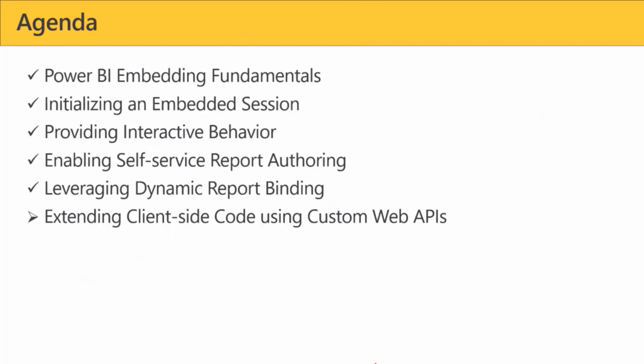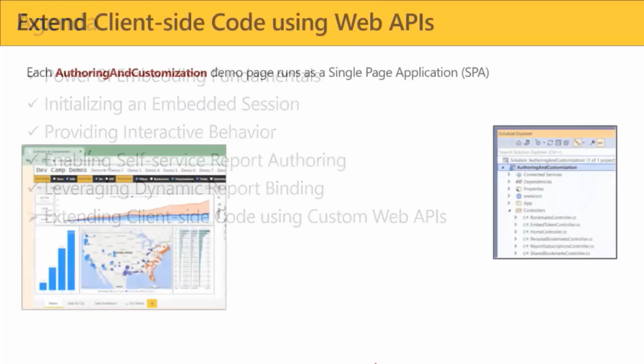Okay. Last topic we're going to look at, and that's extending client-side code using custom web APIs. Generally, you'll find that as you're writing client-side code behind a web page to get Power BI embedding, you can only do as much as the Power BI JavaScript API allows you to do, or as much as your own custom web APIs allow you to do.